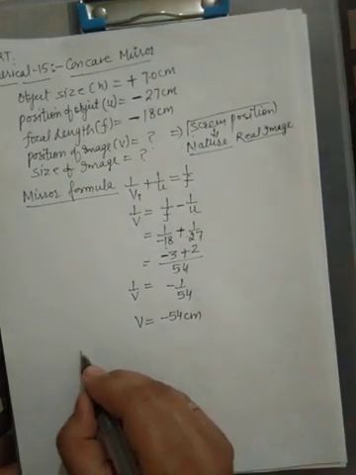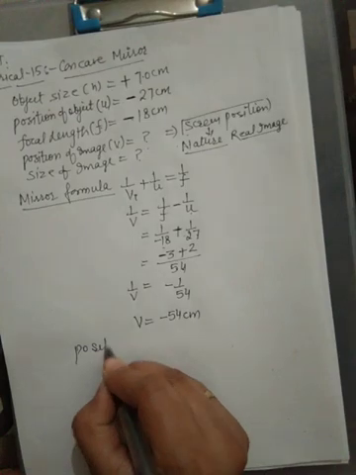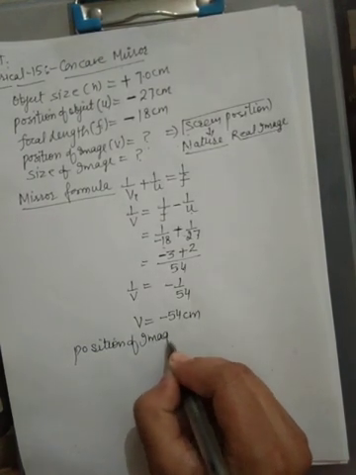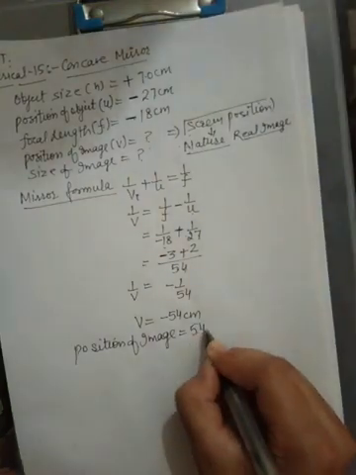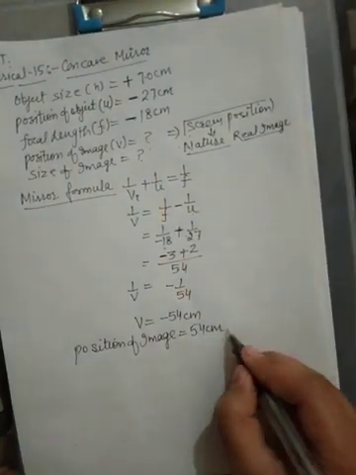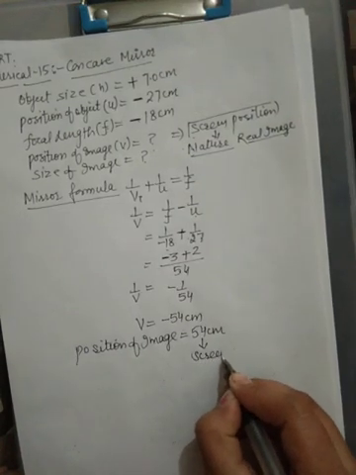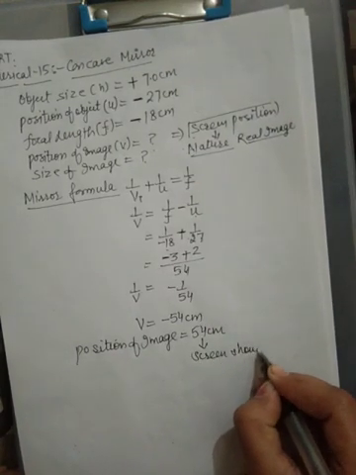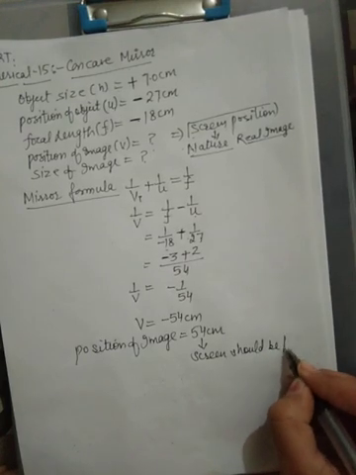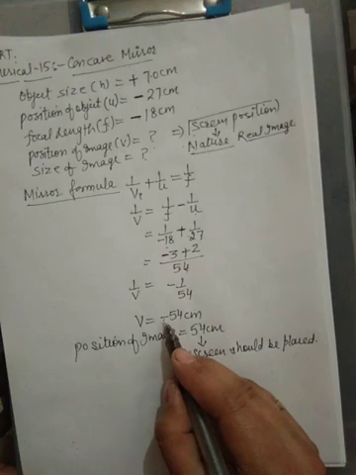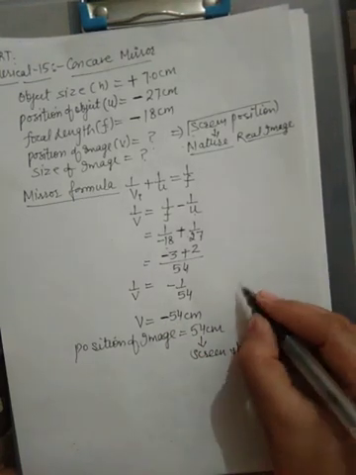It means position of image is 54 centimeter. So at 54 centimeter, screen should be placed. Now V is negative.